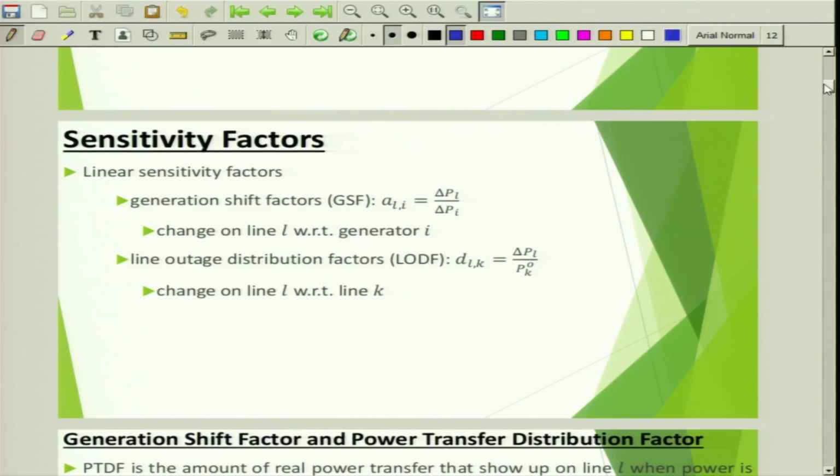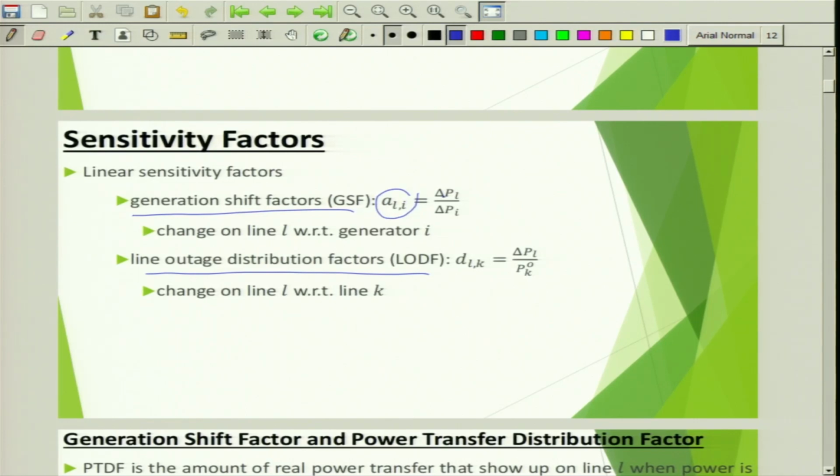So there are two factors that we are defining now: generation shift factor and line outage distribution factor, GSF and LODF. You see here the generation shift factor, let us term this alpha L i.